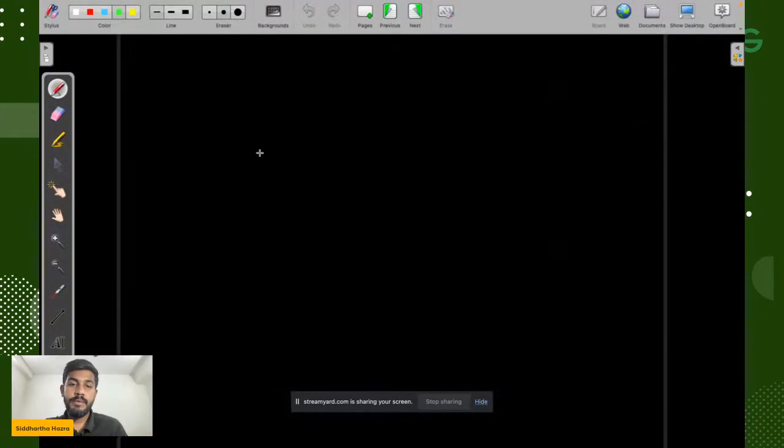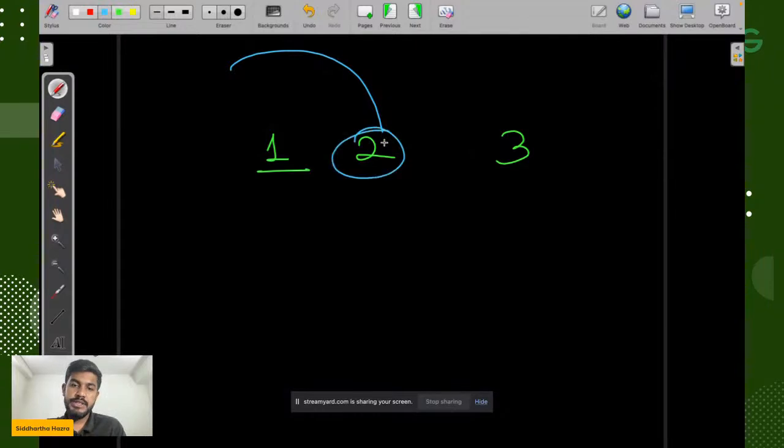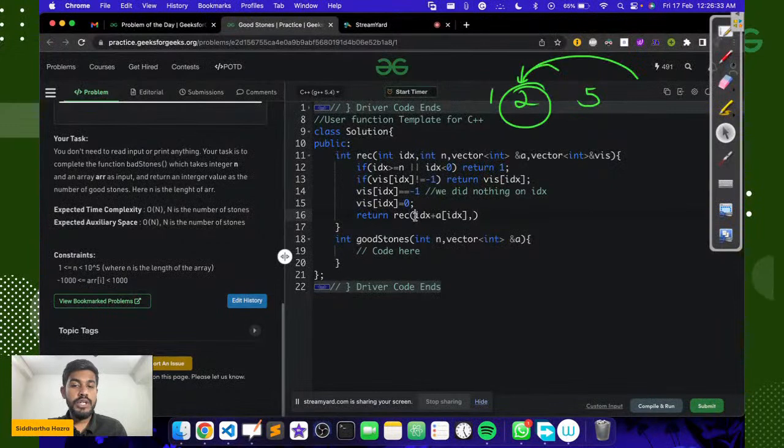Suppose this is 1, this is 2, this is 3. Suppose I jumped to 2. If I jump to 2 and 2 is the value, that means I need to take a jump of 2 again. So if I took a jump on idx and I have processed it, then the jump would be idx plus a of idx. Then n would remain the same, and the visited array would also remain the same. And then this is done.